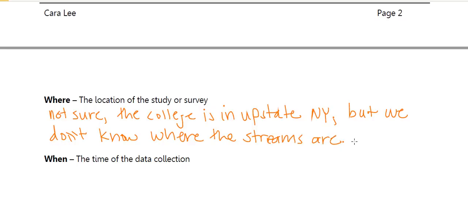This is important because what if we wanted to compare their data with streams in Portland? We don't know if they're comparable or not because we don't know which streams were actually measured.